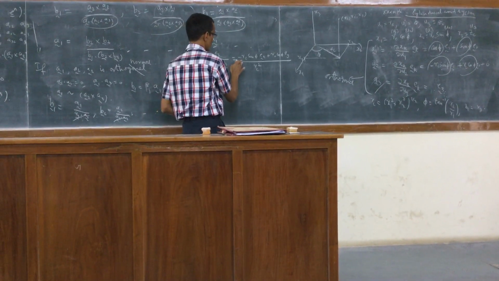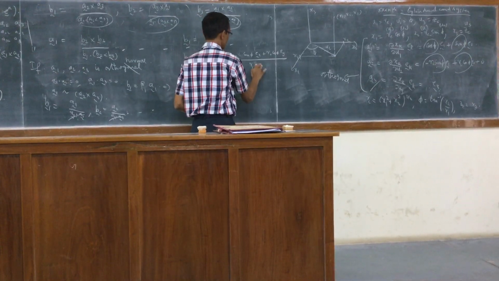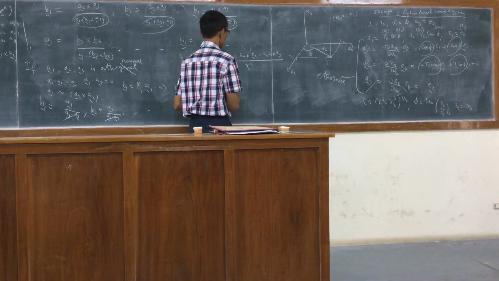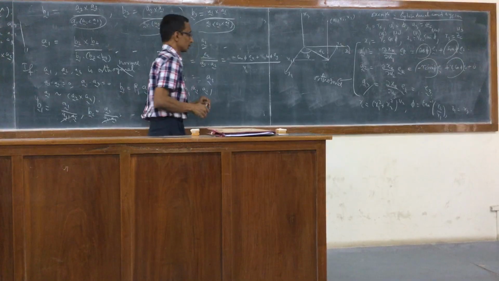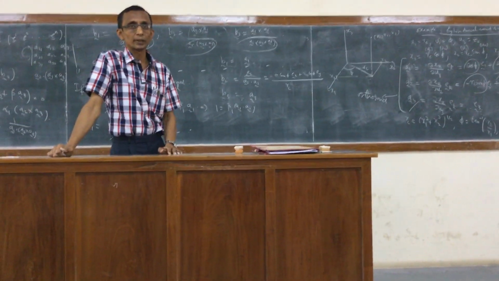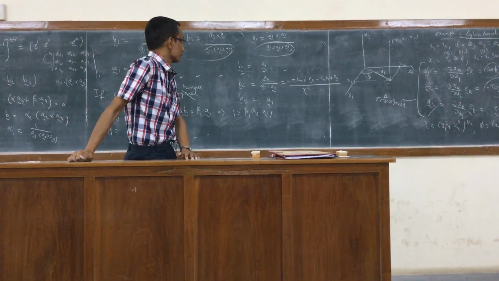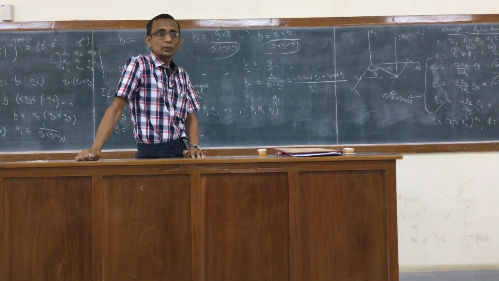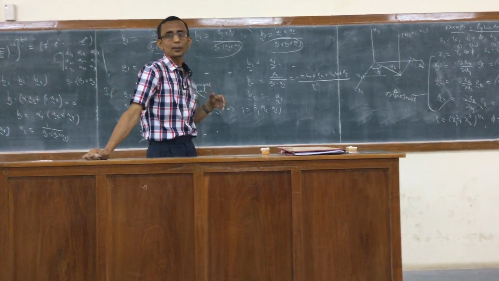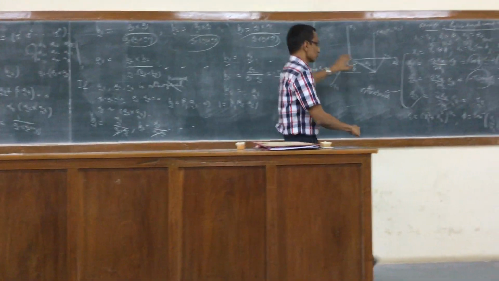That simply would be minus sin phi e1 plus cos phi e2, divided by RC, rather than multiplied by RC. That would be b1, b2, b3. But for all practical purposes, even this is proportional to that.